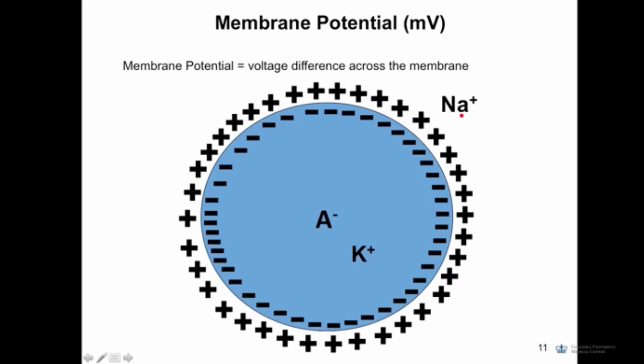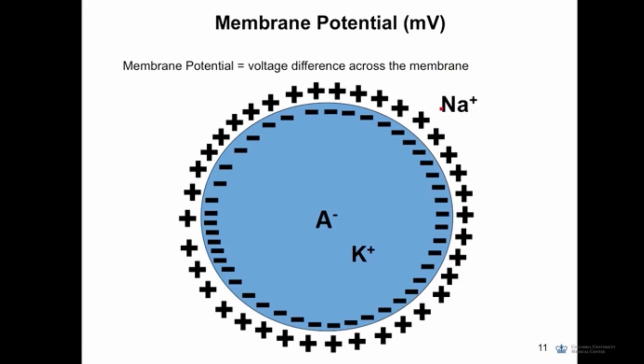So we talked a lot in the first lecture about diffusion and passive transport. And we talked about how diffusion, or passive transport, happens down a concentration gradient. So we talked about concentration gradients, that substances are trying to get from an area of high concentration to low concentration. But what we didn't mention was that when a substance is charged, like sodium, in addition to having a concentration gradient, they will also have an electrical gradient.